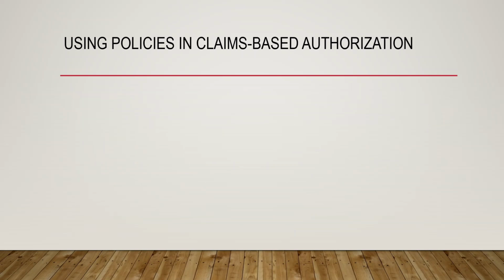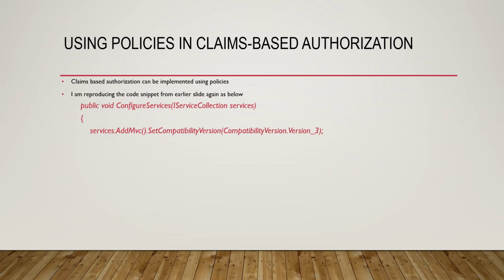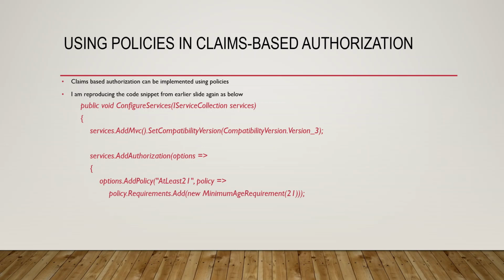Now, claims-based authorization can be implemented using policies. I am reproducing the code snippet from an earlier slide. In the ConfigureServices method within the Startup class, we add MVC compatibility version 3, and then this is what matters: the AtLeast21 policy. We saw this policy in part 1 of policy based authorization.